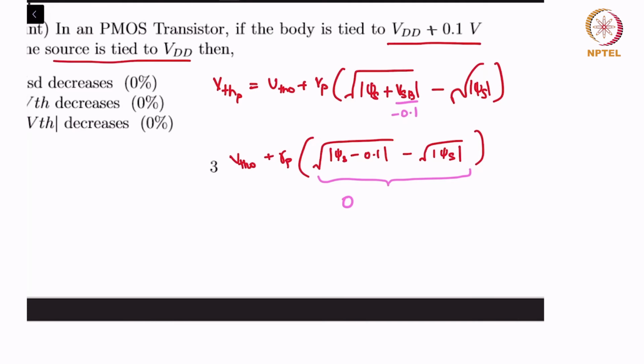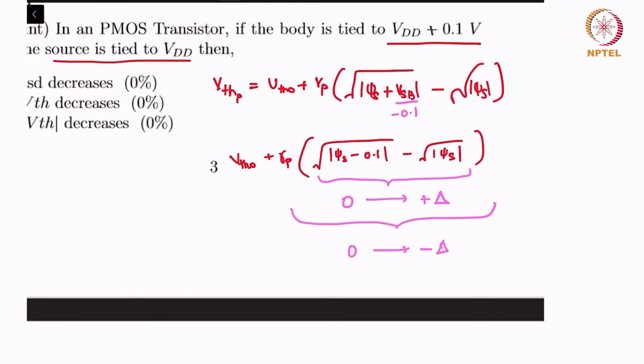That means the magnitude is increasing, so this whole thing becomes some positive delta, because this is now greater than this. And since gamma is negative, this now becomes some minus delta.